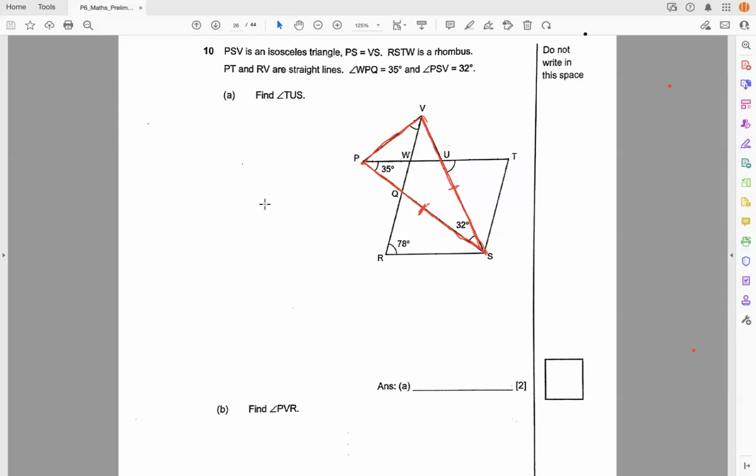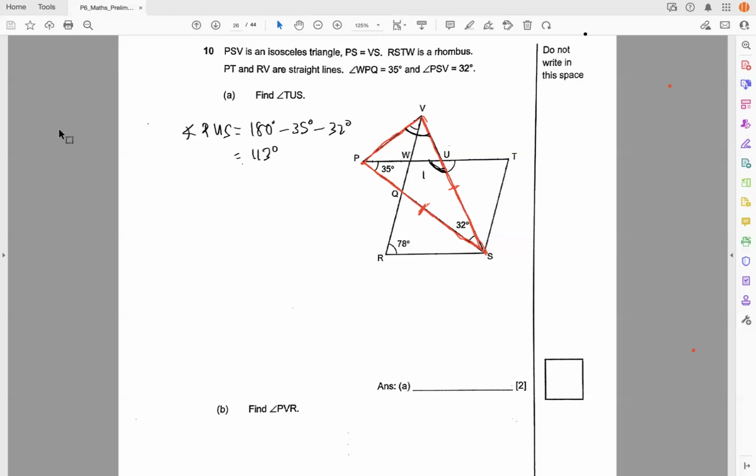Now, the first angle we're going to find is this angle. Because it's an isosceles triangle, let's find this angle first. Let's do this angle first, because I want to find this angle. Angle PUS is equal to 180 degrees minus 35 degrees minus 32 degrees, I get 113 degrees.